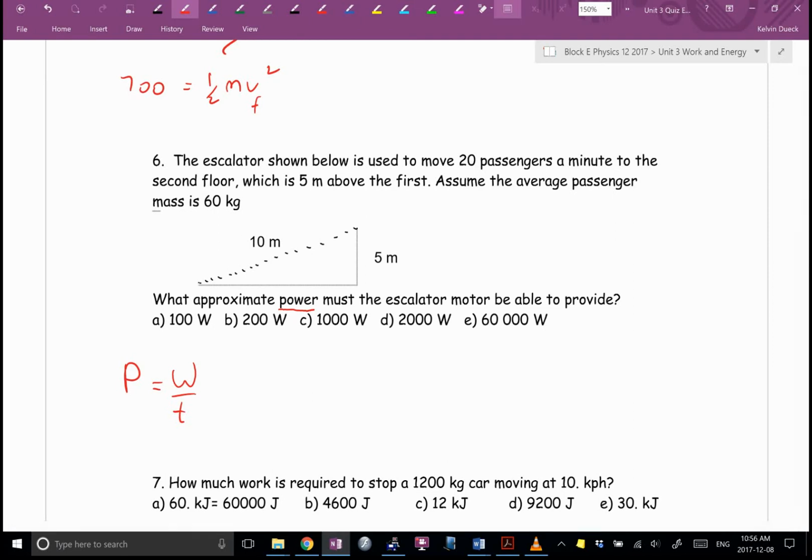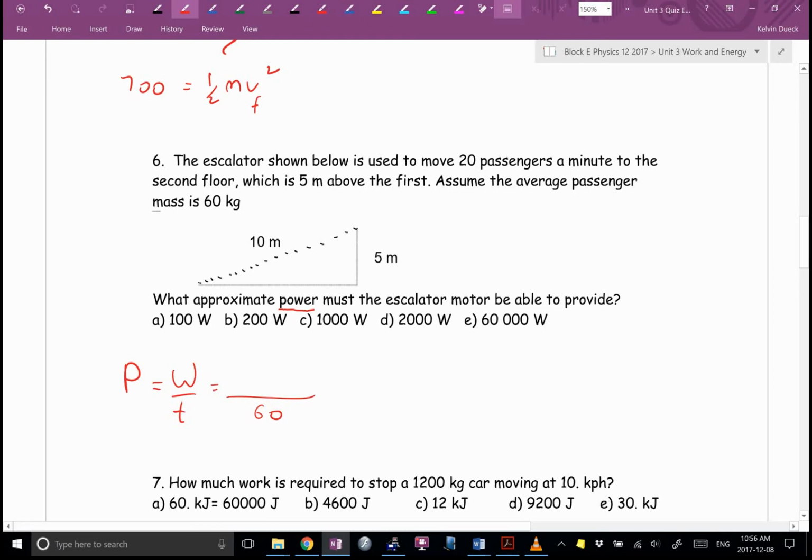Pierce, did they give me a time in this question? What? Oh, they were sneaky. They wrote it out in English, so time is going to be 60 seconds. I'll try this approach first. If they had not given me a time, I might also try the fact that it's force times constant speed. Maybe they gave me a speed, or maybe I can figure out a speed. Here they gave me a time, so you said it's going to be 60.